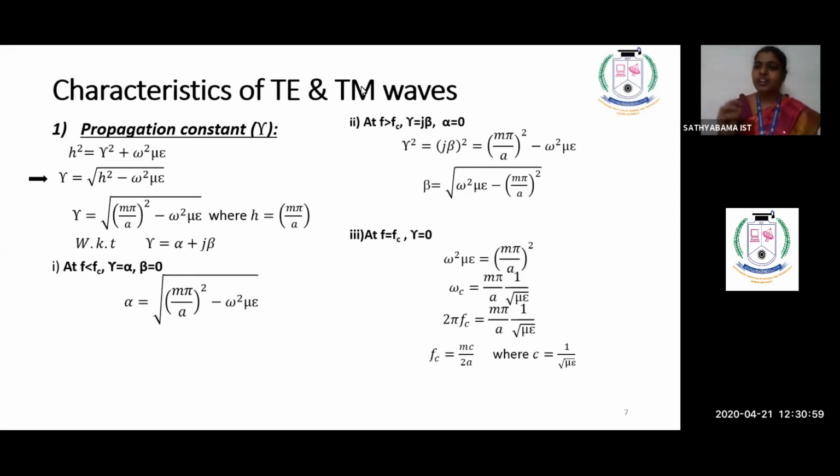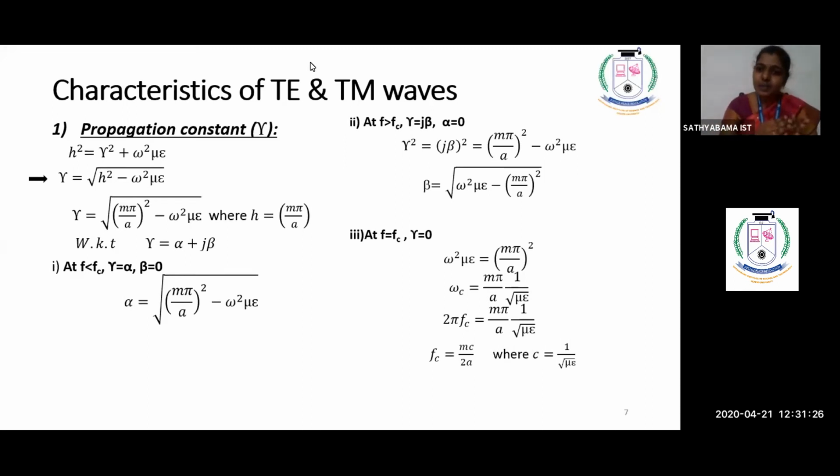Beta is called the phase constant. The combination of the attenuation and the phase constant is what we call the propagation constant. The propagation constant in a waveguide is given by a standard formula, which I have written in the first point: h square equals gamma square plus omega square mu epsilon. From that, in the next line I have brought what gamma is equal to, so that we can understand the characteristics.